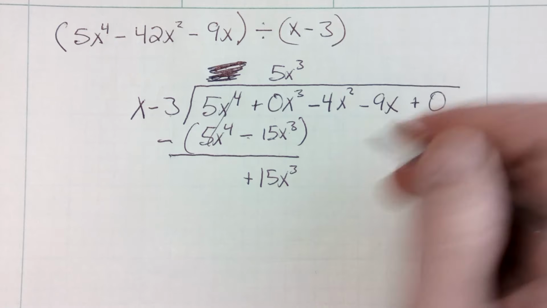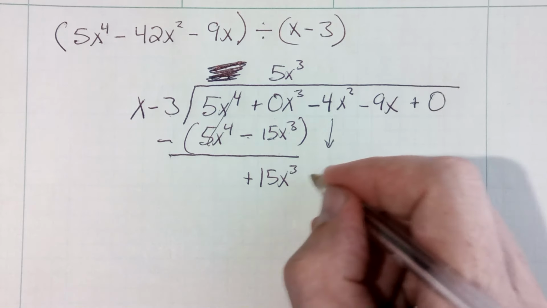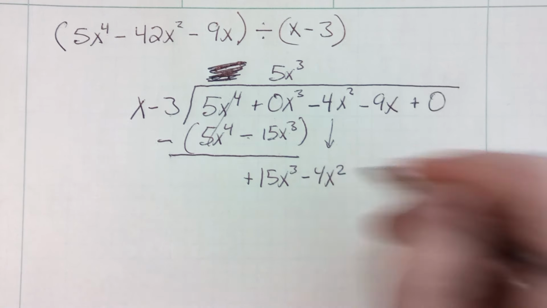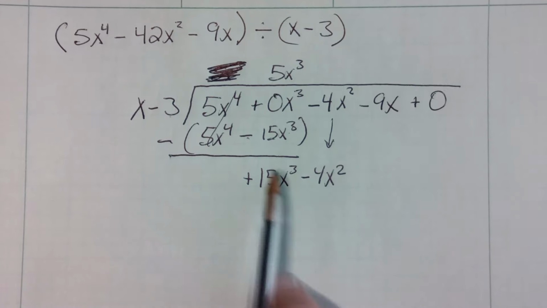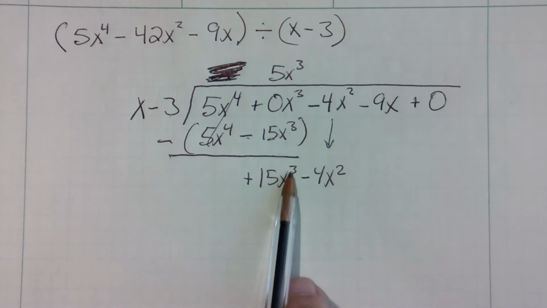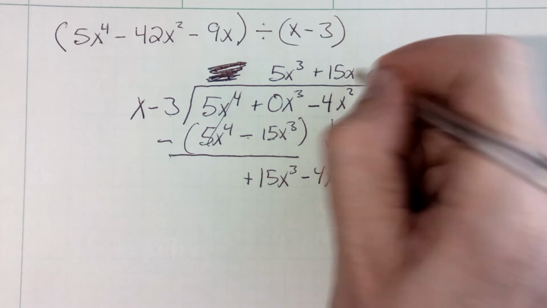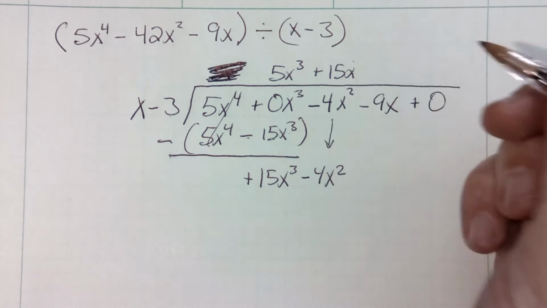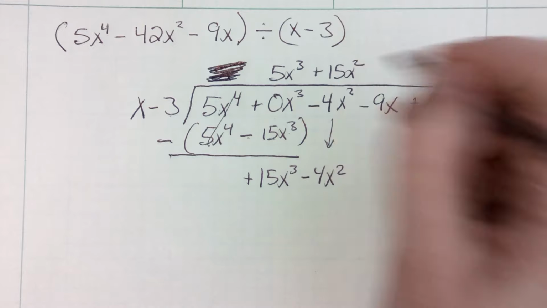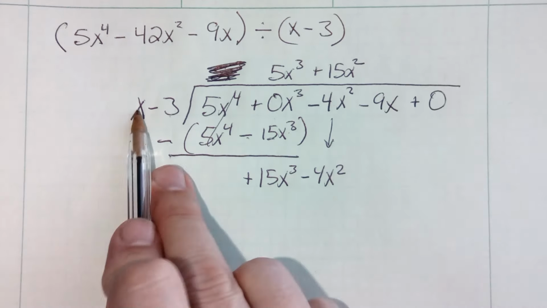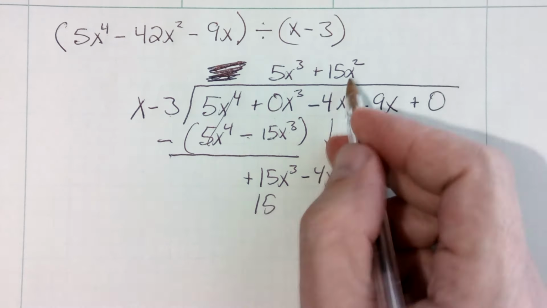Now I bring down that next term, which is a negative 4x squared. What do I multiply x by to get it to have a 15 in front and 2 more x's? Well, I'm going to multiply it by a positive 15x squared, because that gives me a 15 times 1 is 15. X squared times the x is my x cubed.